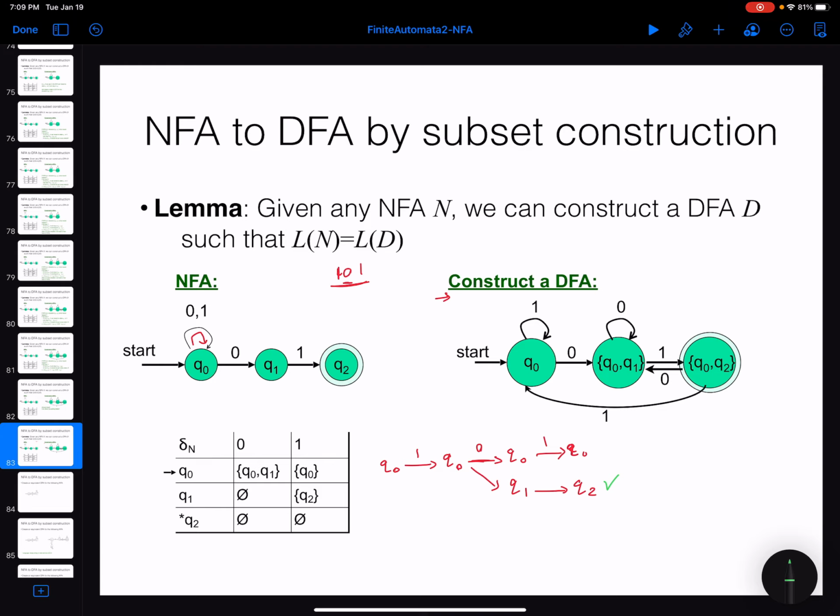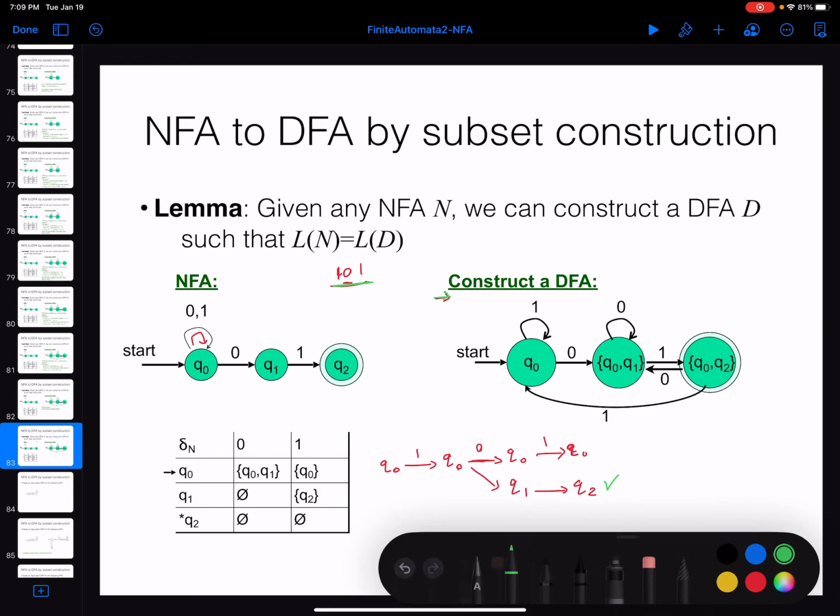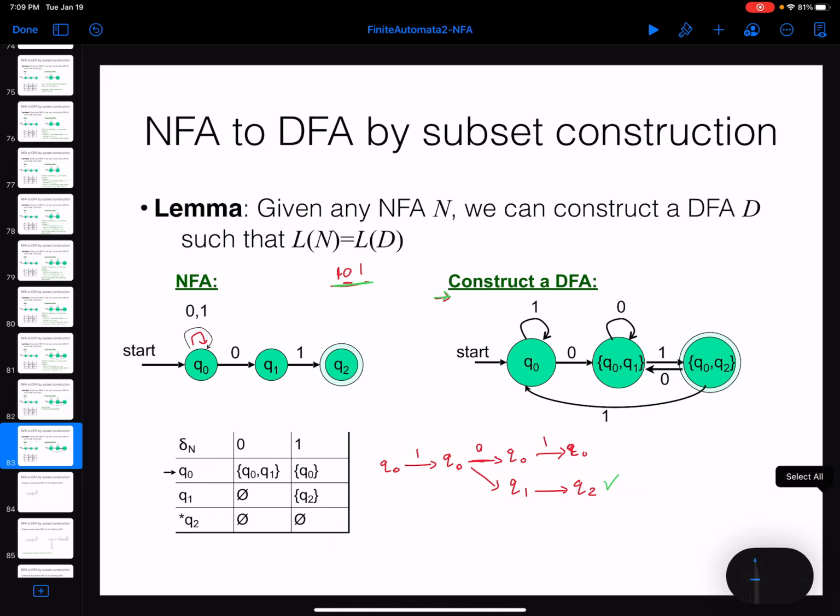Now, let me show you what happens if you run the same string over the corresponding DFA. You start at Q0 again, right? This is going to be your starting state. You see a 1, the first symbol, and the only transition over 1 that you have here says that you stay at Q0.